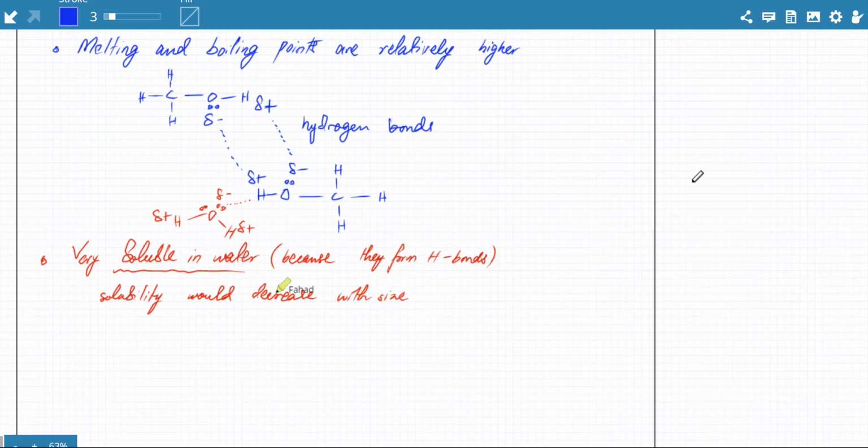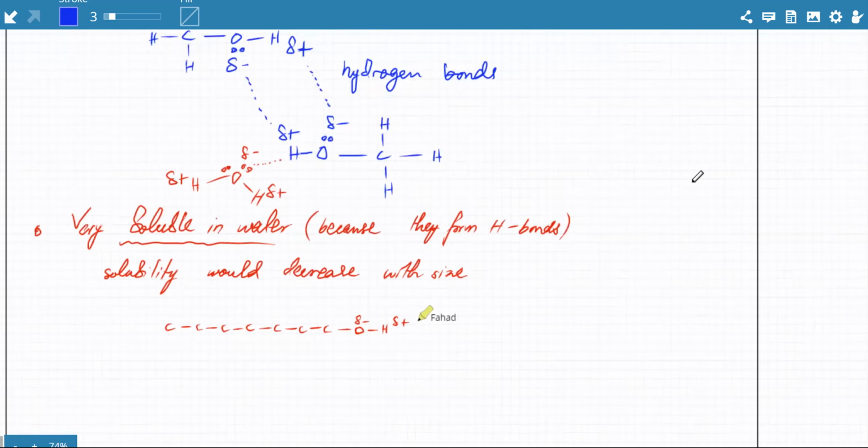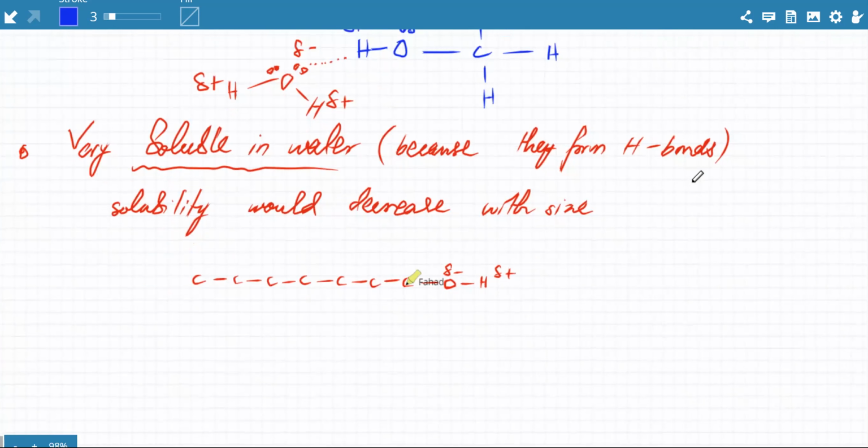क्योंकि बड़ा molecule जो होगा उसकी मतलब carbon chain would not be forming hydrogen bonds. वो तो बस end में जो OH वाला part है, that's the part that is polar. अच्छा, सिर्फ ये जो end वाला part है, that's the part that's polar. बाकी chain जो है वो non-polar.